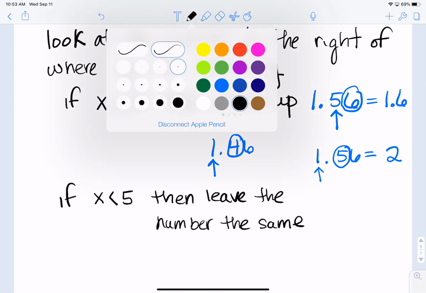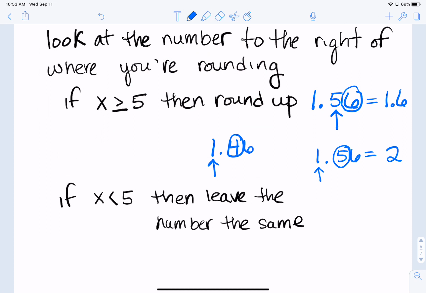So Bryce's question here, if I was rounding right here, this 1, I look at the 4, I leave the 1 alone. Or if I had something like 1.32 and I needed to round to this decimal place, I look at the 2, that's definitely less than 5, so that just equals 1.3.